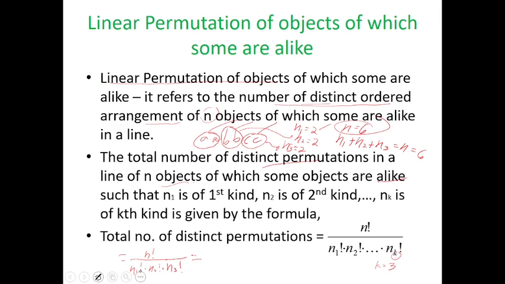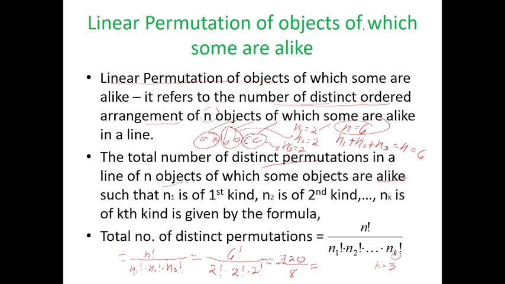Where n is equal to n1 plus n2 plus n3, which is 6. So 6 factorial over 2 factorial times 2 factorial times 2 factorial. We will get an answer: 6 factorial is 720, and if we use our calculator, 2 factorial times 2 factorial times 2 factorial is 8.